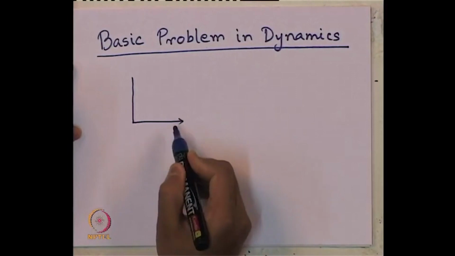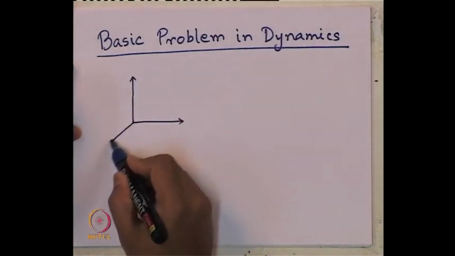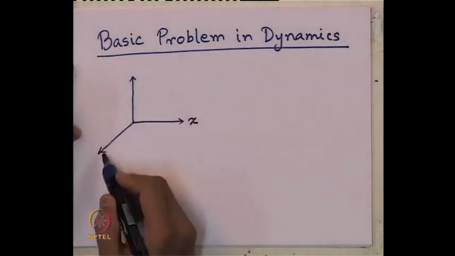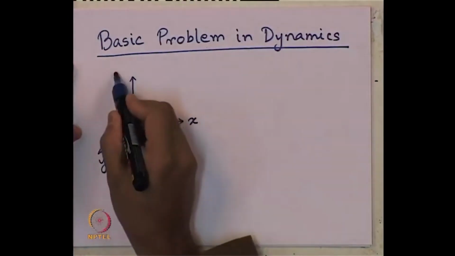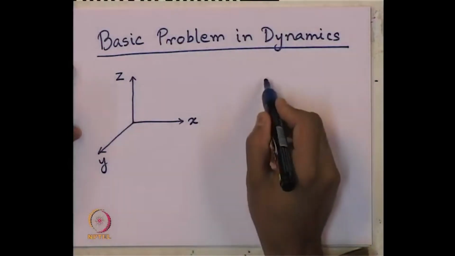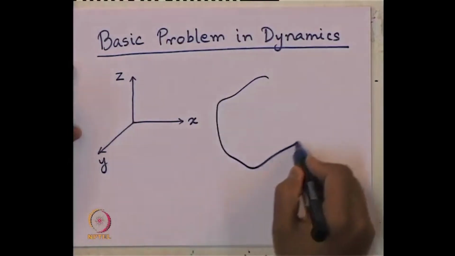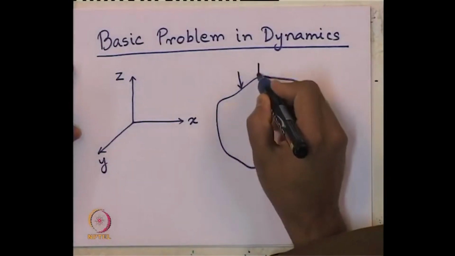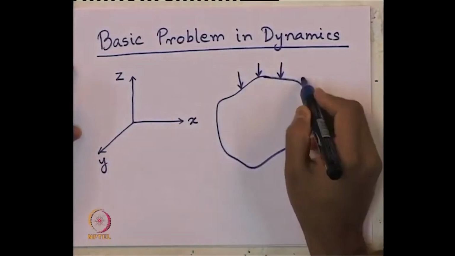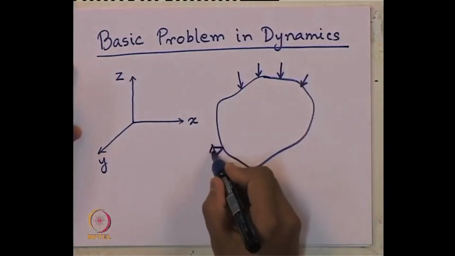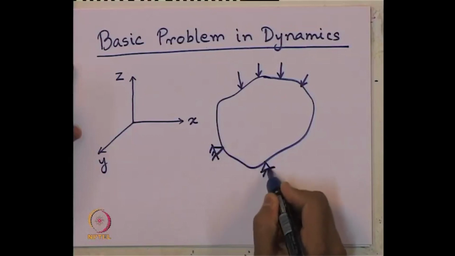Suppose we have an axis system in space, what we generally consider a 3-dimensional case of x, y, z coordinate system, 3 orthogonal coordinates. And if we take any rigid body subjected to various types of loading and support conditions.